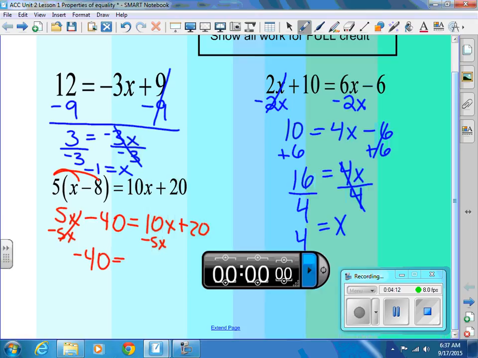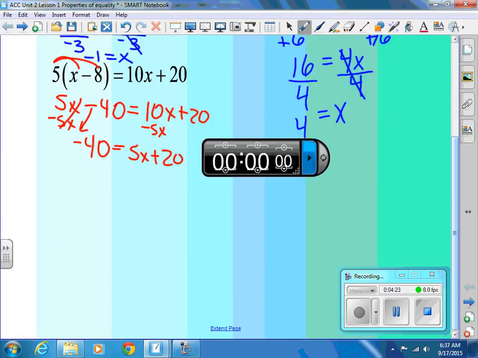-40 equals, don't forget to bring down the sign in front of that constant 40. You have to keep the signs with it. 10x minus 5x is 5x plus 20. Now, I need to get rid of that addition of 20, so subtract it on both sides. If you borrow $40 from me and you borrow 20 more, you're in debt -$60 to me. That's still equal to 5x.